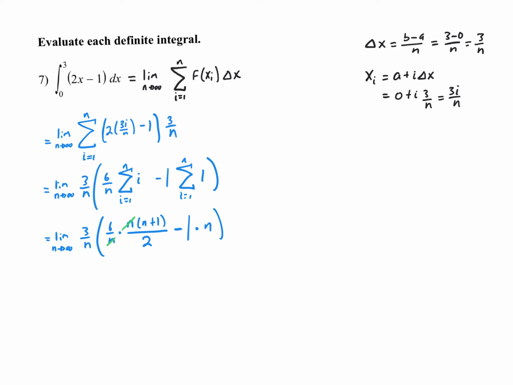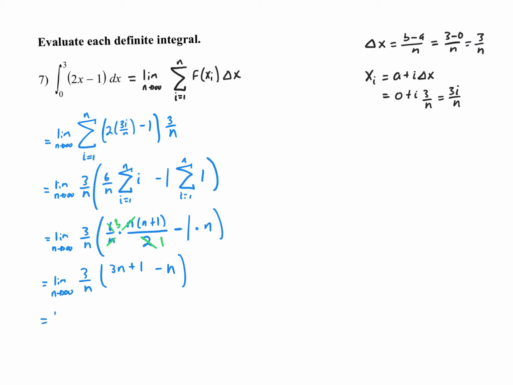The n and n reduce. 2 goes into 2 one time, into that 3 times. So I'm going to have the limit as n goes to infinity of 3 over n times 3 times n plus 1, minus n.